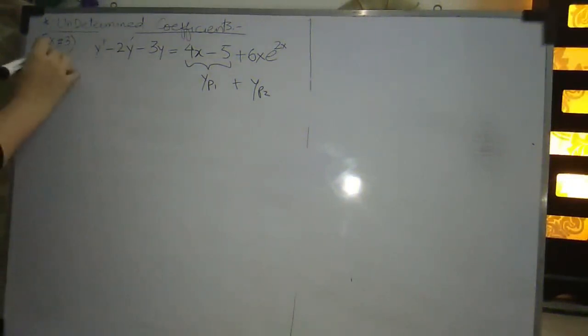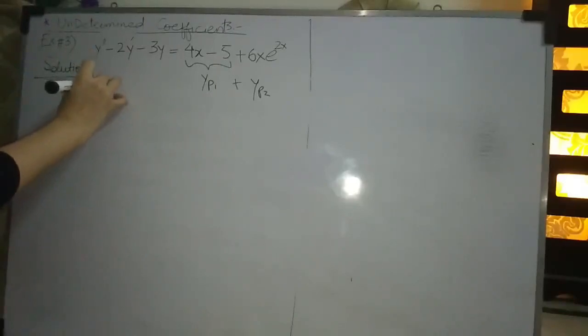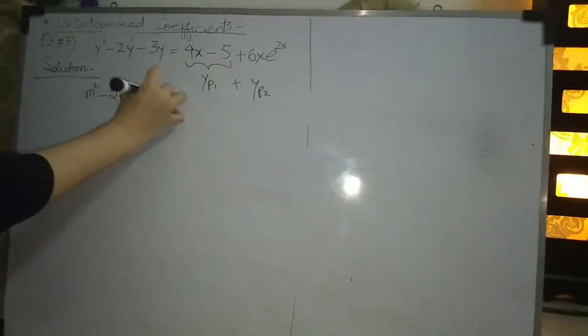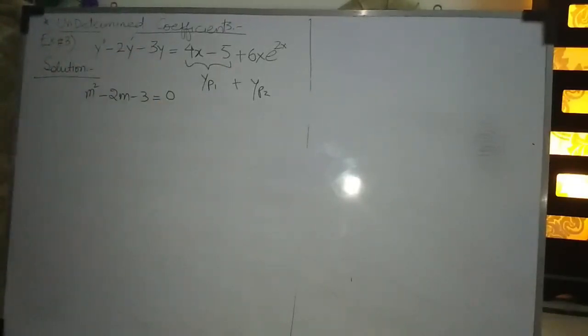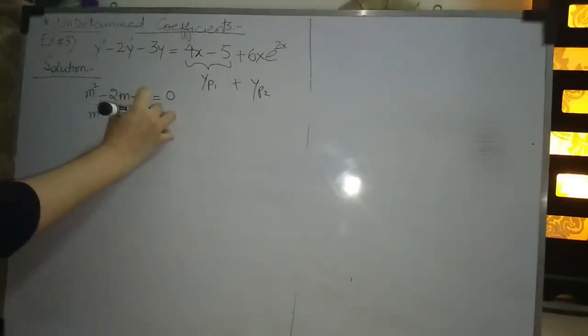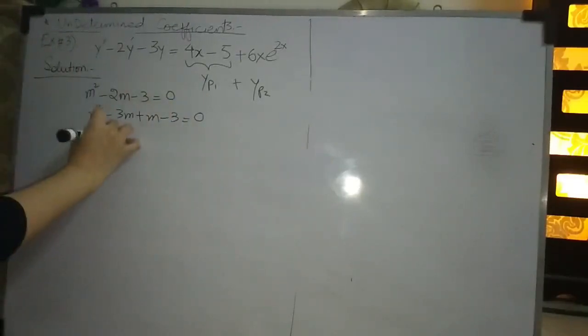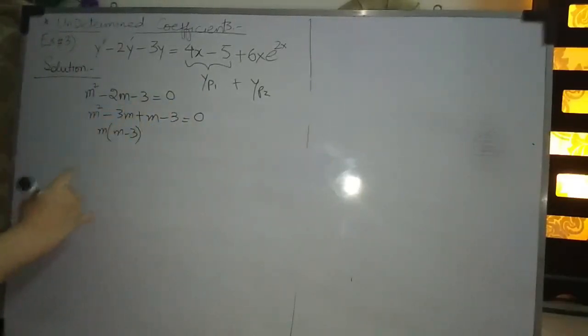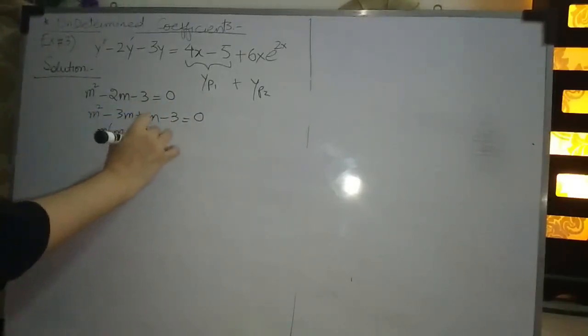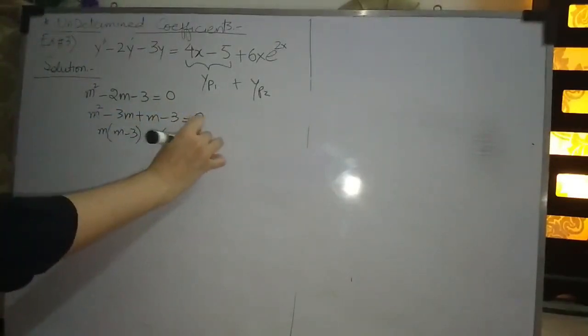Now we will determine the complementary solution. You can see the auxiliary equation becomes m squared minus 2m minus 3 equals 0. If I factorize it, it becomes m squared minus 3m plus m, that is minus 2m, and so m(m minus 3) plus 1(m minus 3) equals 0.